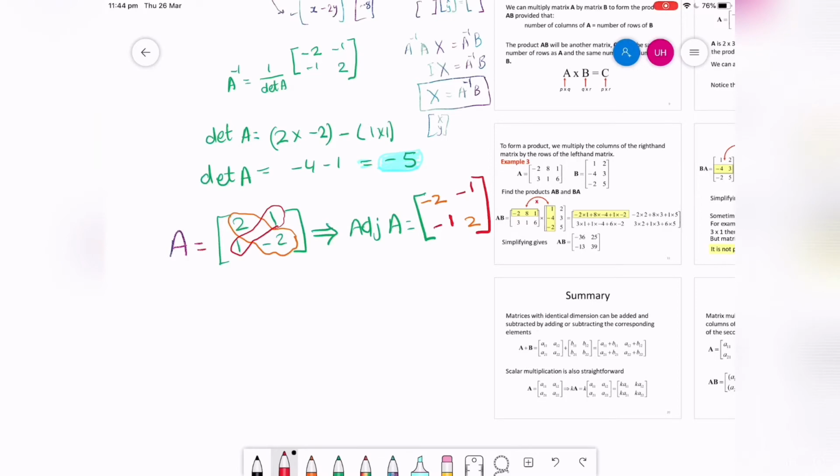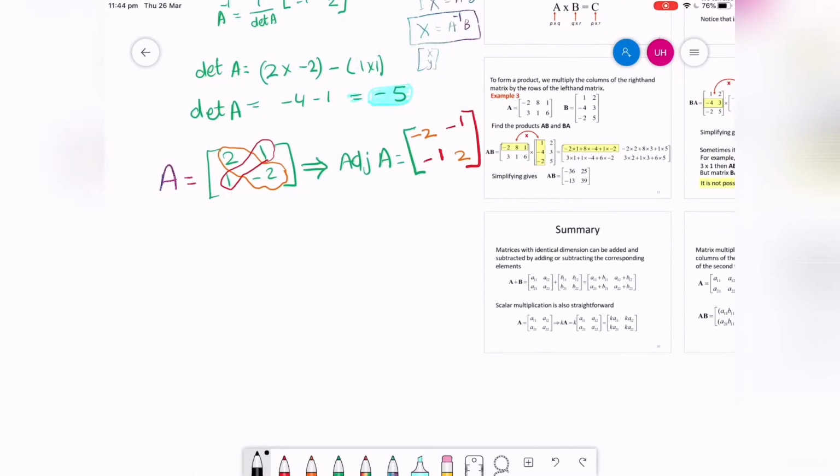Now we find the inverse. So A inverse equals 1 over minus 5, that's 1 over the determinant, multiplied by the adjoint, which is minus 2, minus 1, minus 1, and 2. So this is like minus 1 over 5 multiplied by each term inside the matrix.